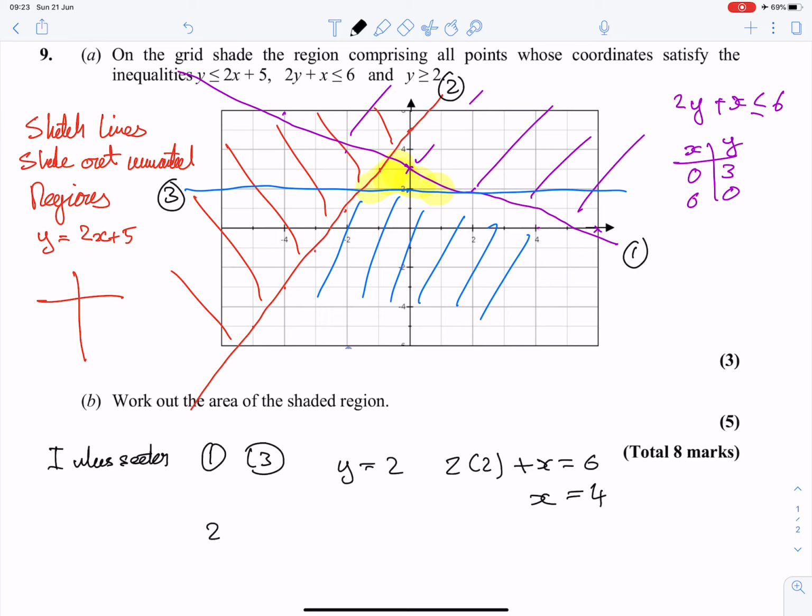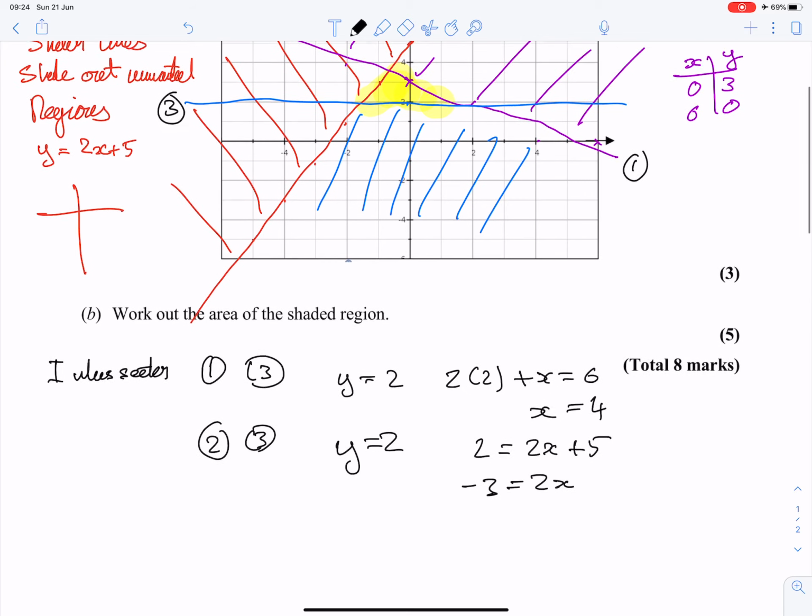2 and 3 gives y equals 2, so we get 2 equals 2x plus 5, so minus 3 equals 2x.